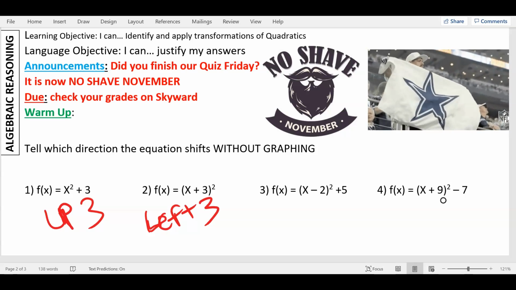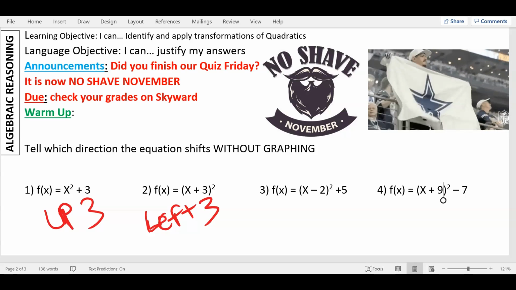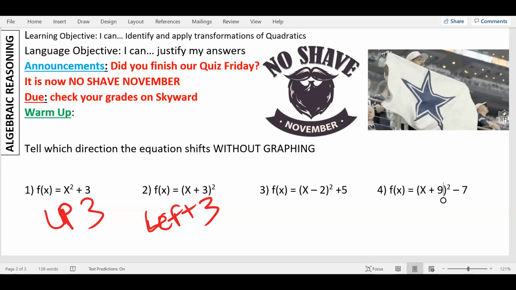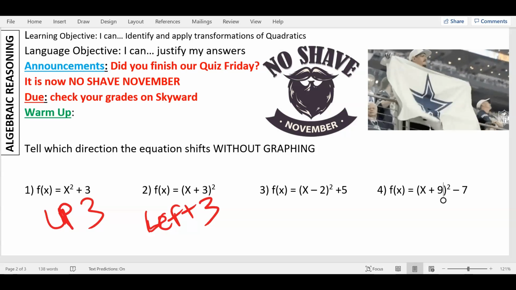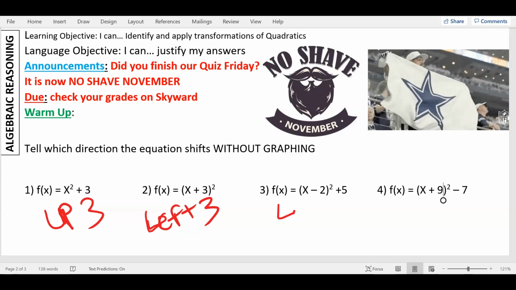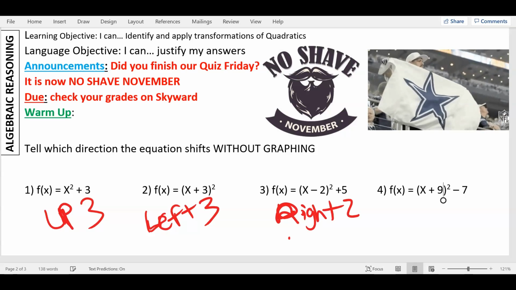Usually plus is up or down? Up, right? So up 5. So remember, after the parentheses is normal, no lie. Inside, lie. Right 2, up 5, okay?